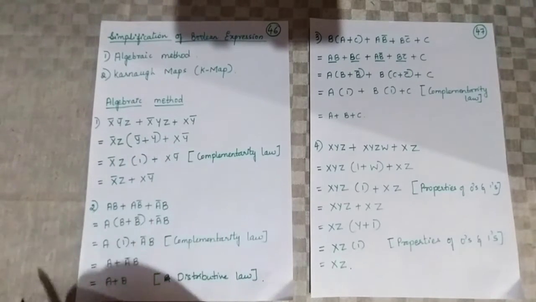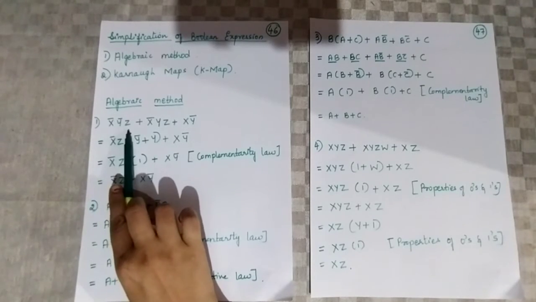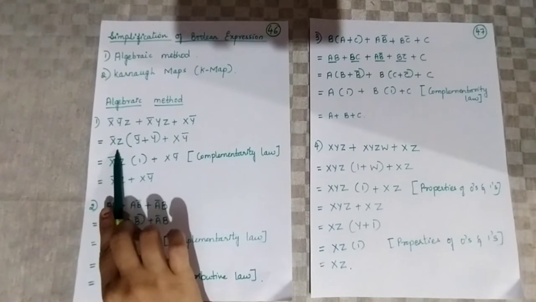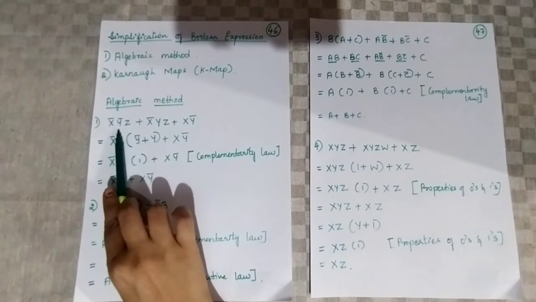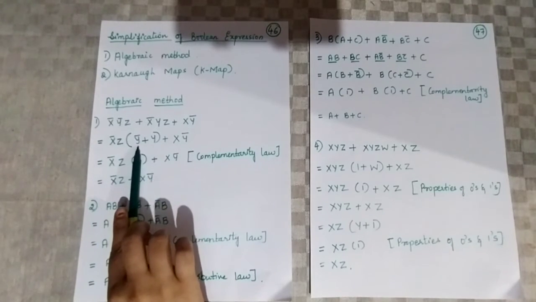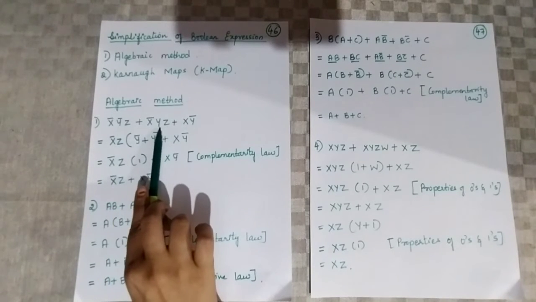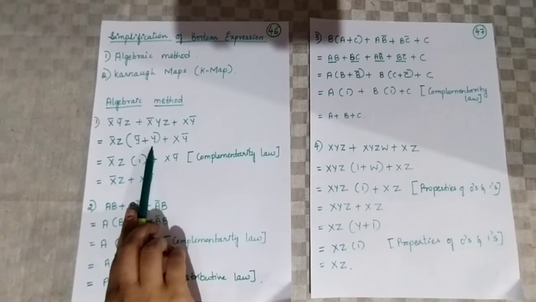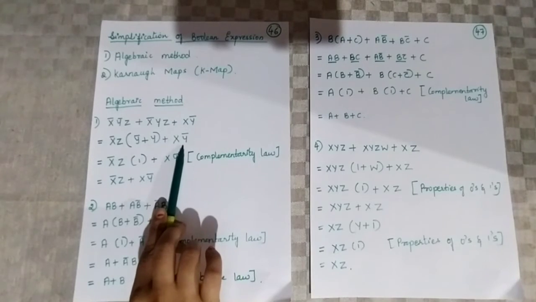In these first two terms, you have X complement common, you have Z common. So take those common aside. You take X complement Z as common terms. Then in the bracket, in the first term you are left with Y complement, so you write it as it is. Then plus, and in the second one you get Y left out, so you take it under this bracket. Then plus, and the last term you write XY complement.